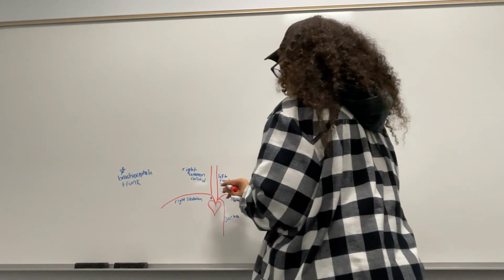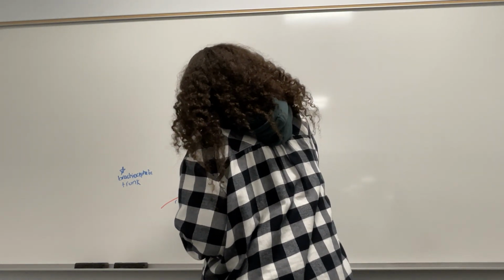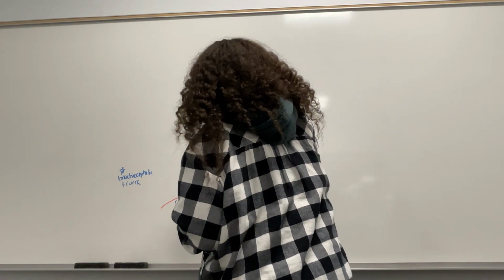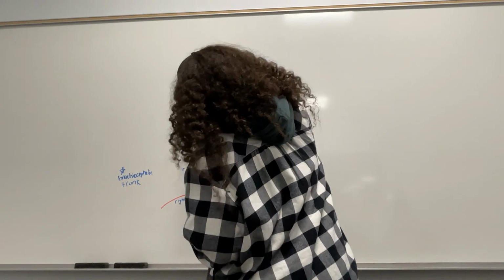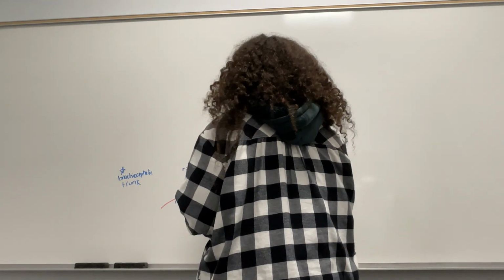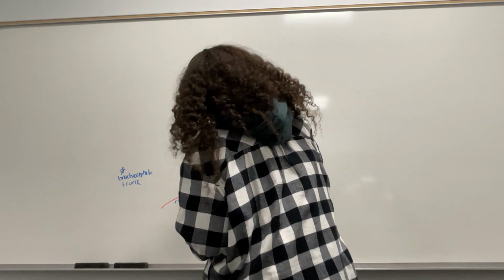Now, on the common carotid, the left and right, I want to extend it a little bit because the structures I'm going to be adding are these two branches off of the common carotids. And so this branch here is the left external carotid.